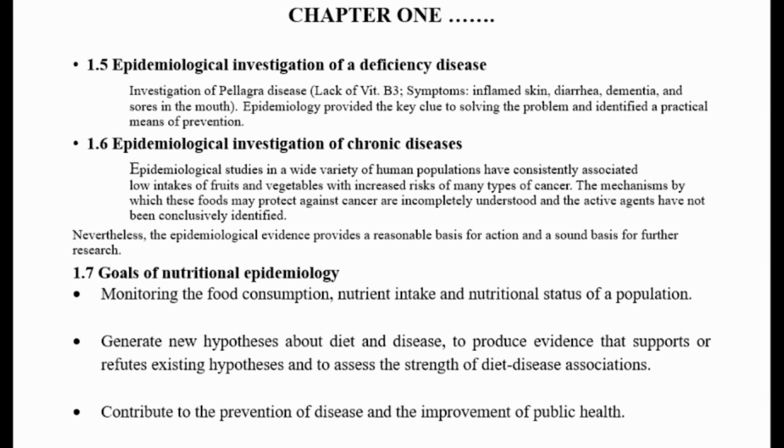Nevertheless, the epidemiological evidence provides a reasonable basis for action and a sound basis for further research. So we all understand nowadays that eating fruits and vegetables is very useful for our health. And we know that it helps to prevent or reduce the rate of cancer.